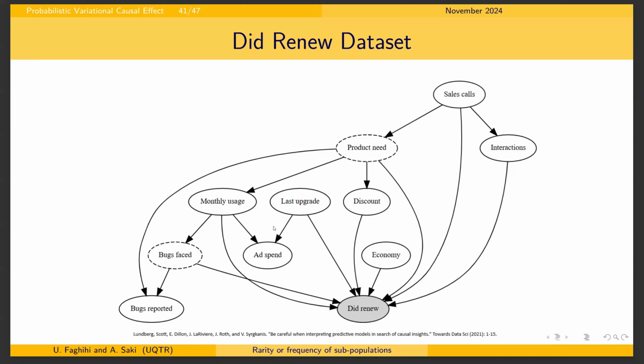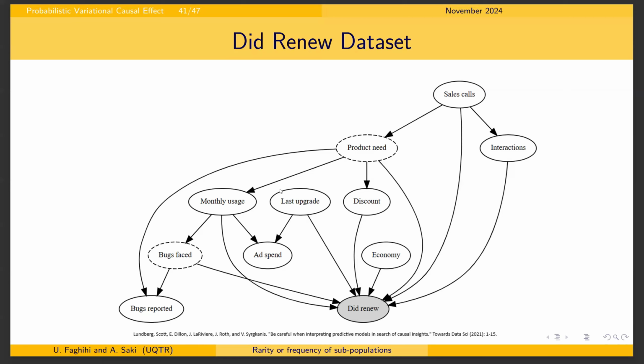You see something here. Before I forget, I wanted to mention: you see these dotted circles. These are the nodes that are going to be deleted from the data set. Maybe in the code I forget to tell you, but from now, just remember these two are going to be deleted. But we are going to see the impact of sales calls and whether the customers renewed their contract, for example, renewed for next year.